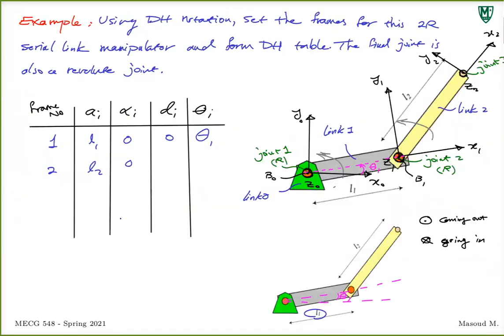In your case, along z1, x1 and x2 are in the same plane, so there is no distance. D2 is also 0.